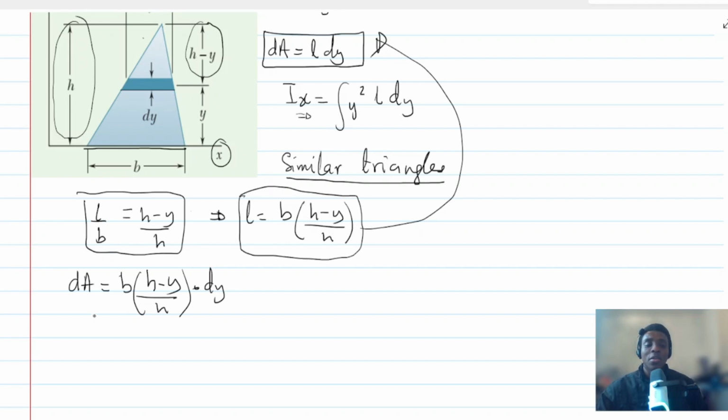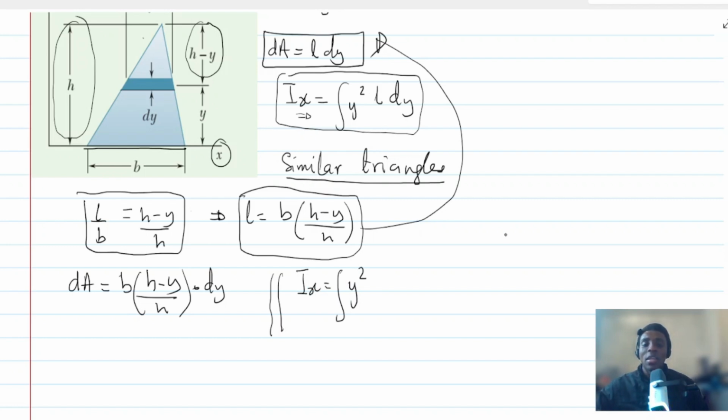From here, we can now go back. Let's look at the equation. What did we say? We said the integral. So we can write Ix is the integral of y squared dA.